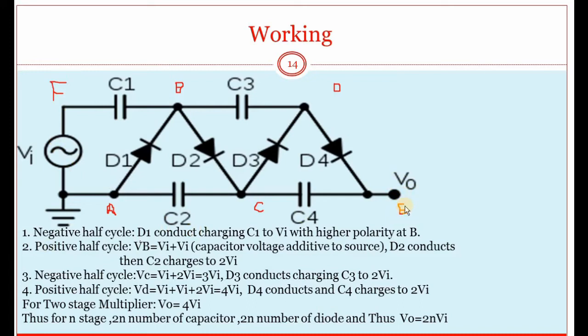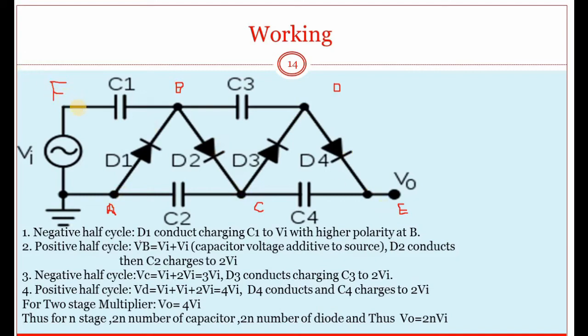Now let's understand how the voltage multiplier circuit works and how it multiplies the voltage. At first, here are 4 diodes and 4 capacitors, D1, D2, D3, D4, similarly C1, C2, C3, C4, and I have labeled the points A, B, C, D, E and F respectively.